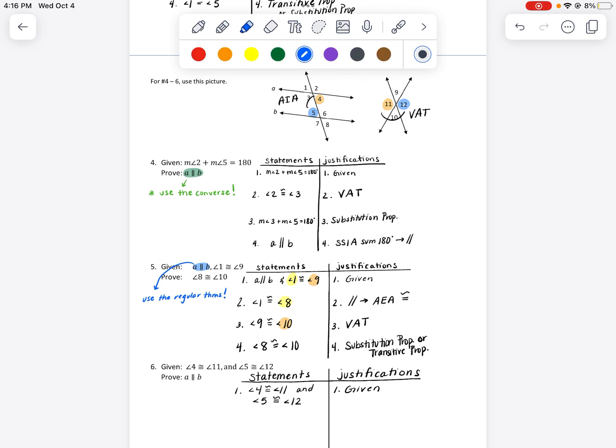We are solving that lines are parallel. So if we're solving that lines are parallel, I need to use the converse. Something to keep in mind is if I have alternate interior angles, I'm probably going to use the converse of that in some way.